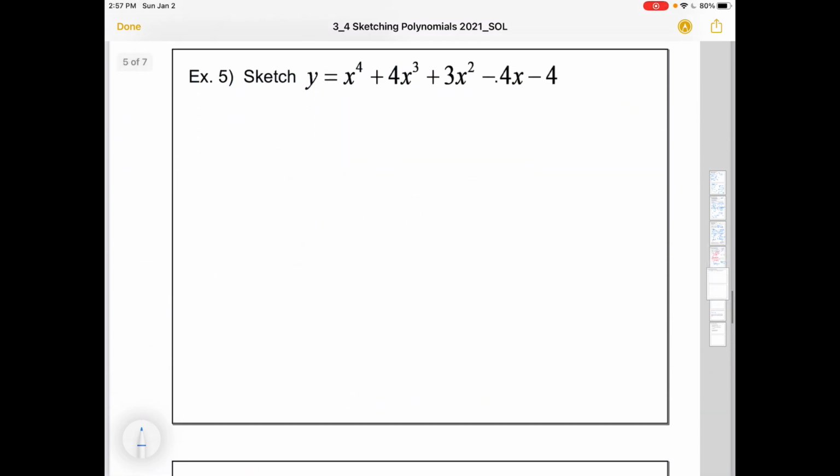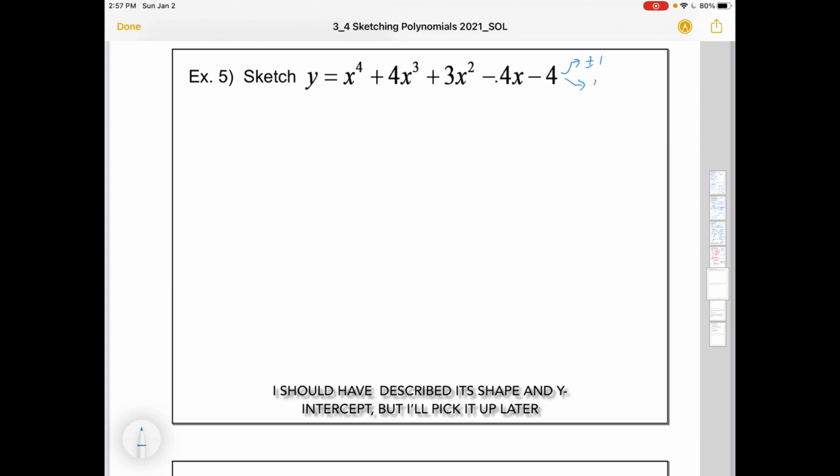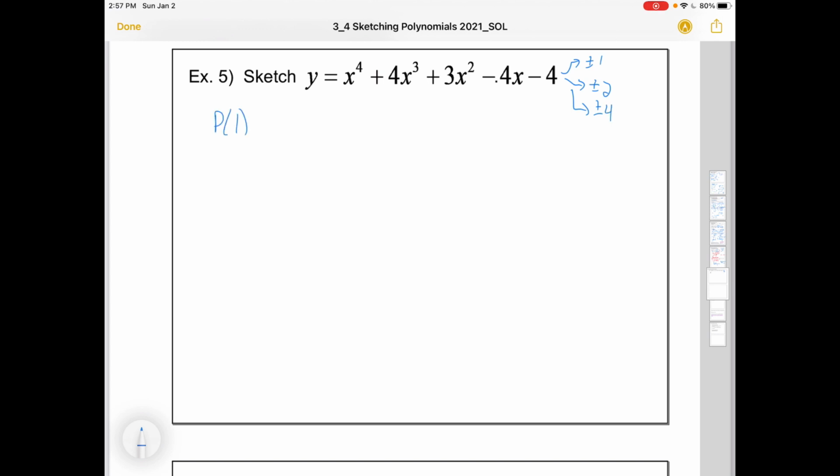Let's do another one, this time a quartic. If you're feeling comfortable, pause and then just skip ahead and check your answer. Here we go. I've got no common factors. I've got plus or minus 1, plus or minus 2, or plus or minus 4 are the numbers that I could try. Of course, I'm going to try 1 first.